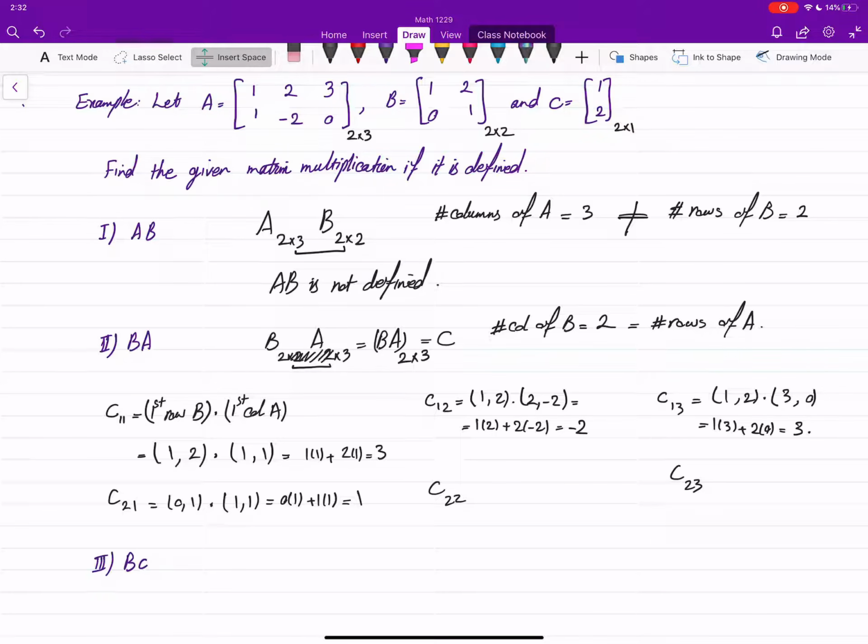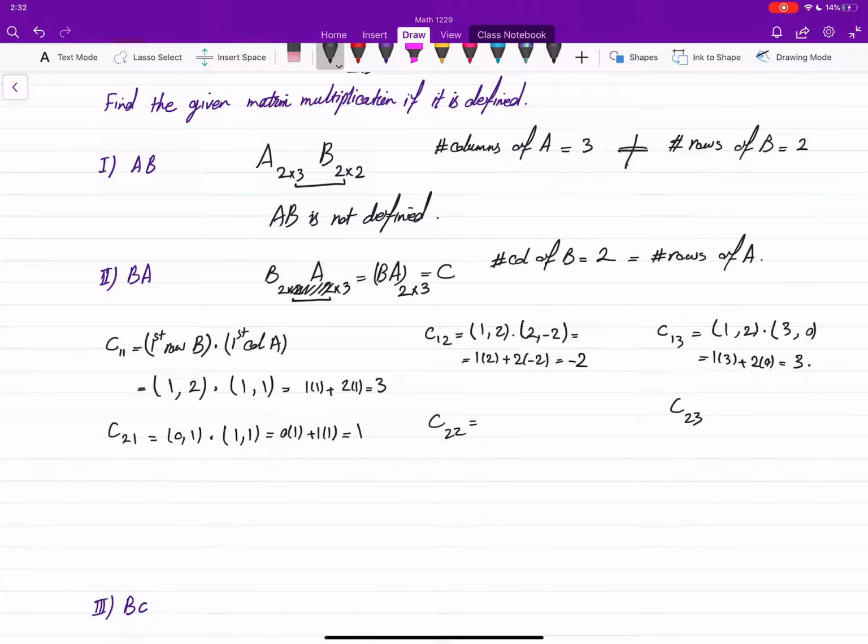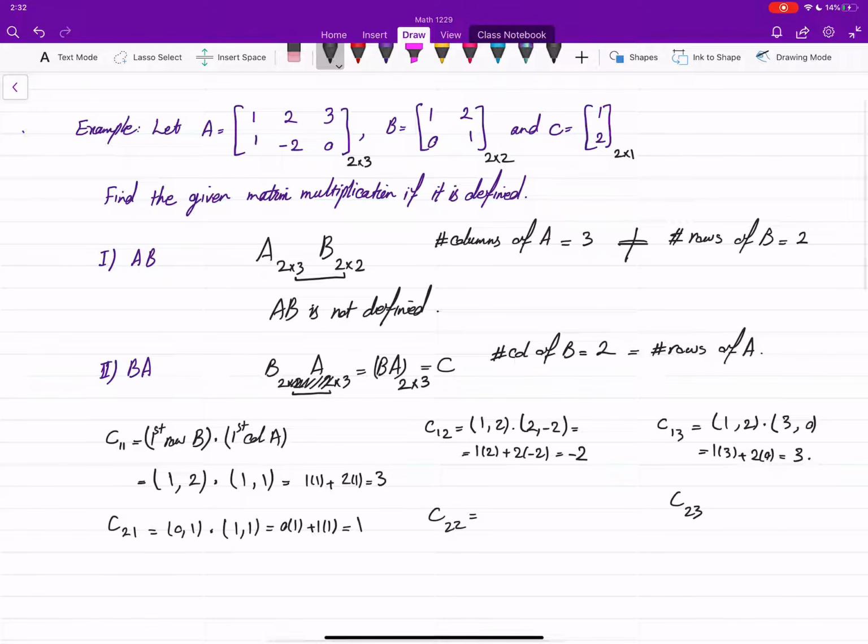Let me get some space here. And here C2,2 is the second row of B, 0, 1, dot the second column of A, 2 and negative 2. This gives us 0 times 2 plus 1 times negative 2, and that is negative 2. And the last one is 0, 1 dot 3, 0.